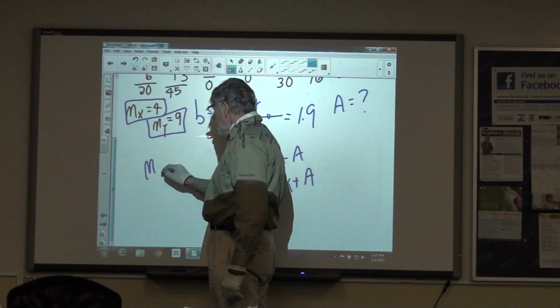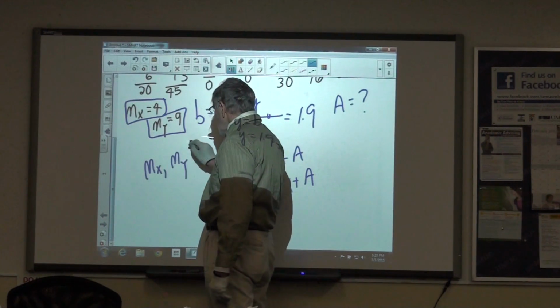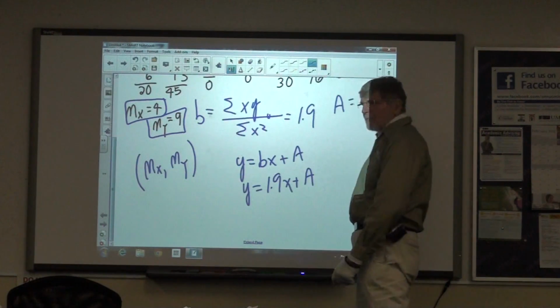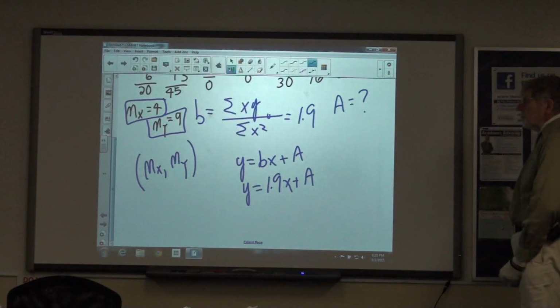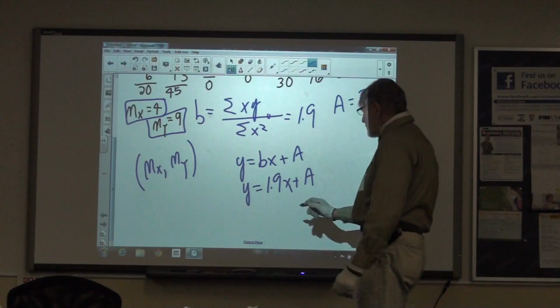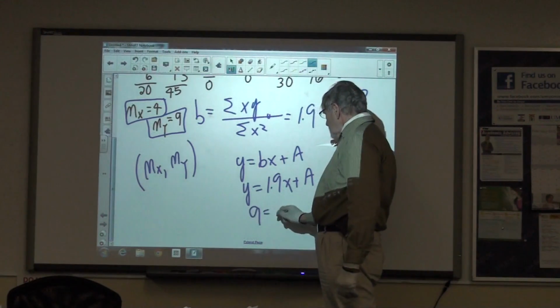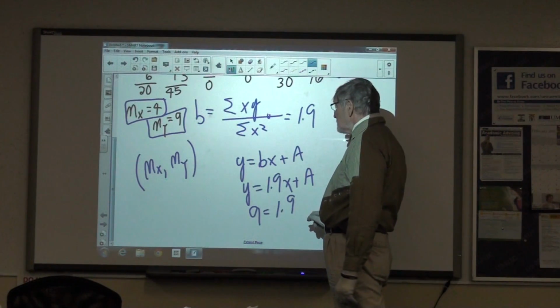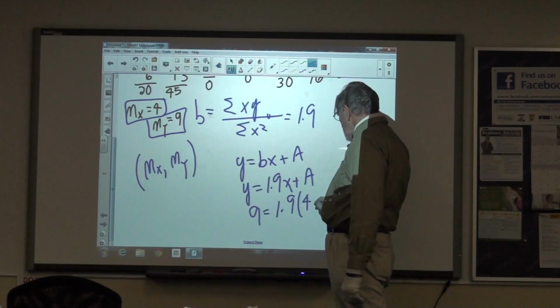Do we not know that mx comma my is on the line? So the mean is always a point on the line. So we could have put in those values. 9 is equal to 1.9 times x, which is 4, plus a.